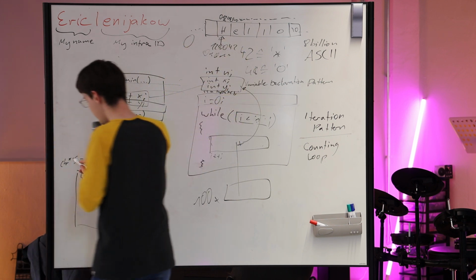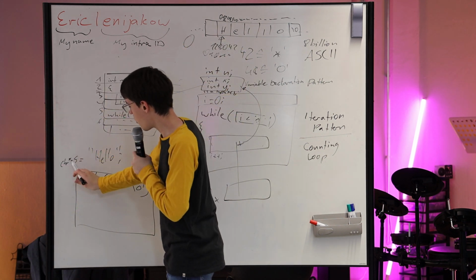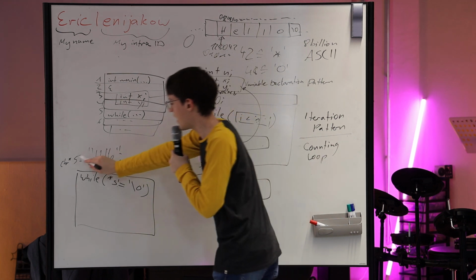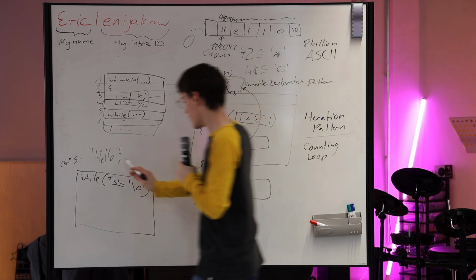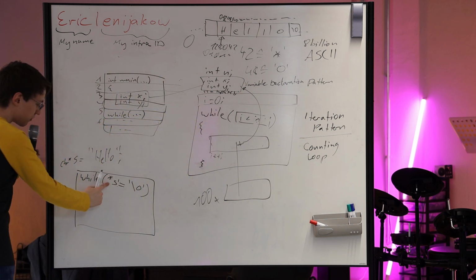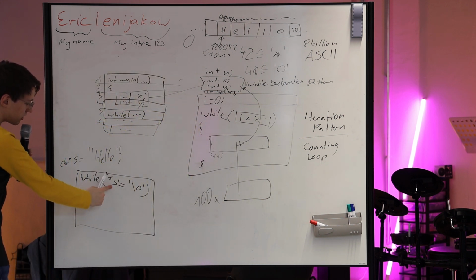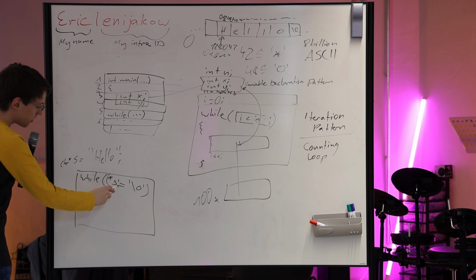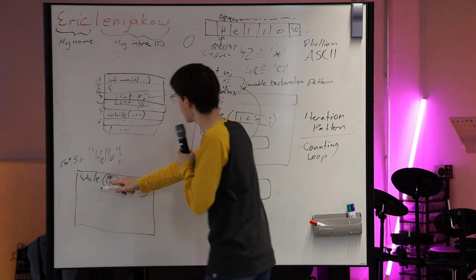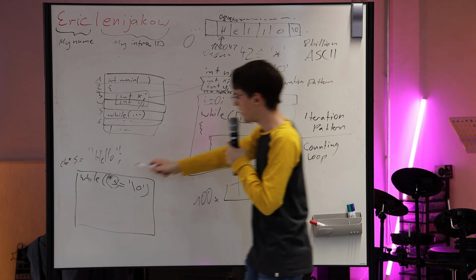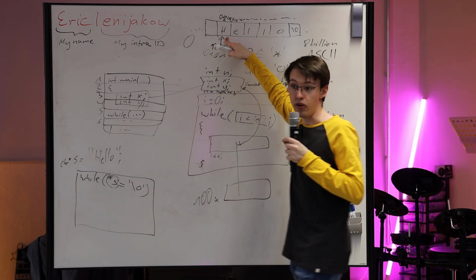You decide what your bit patterns mean. A pointer tells you that S is a number that contains a memory location. The star in front of it tells you that what this is going to end up as is the character or the data point at this memory location.